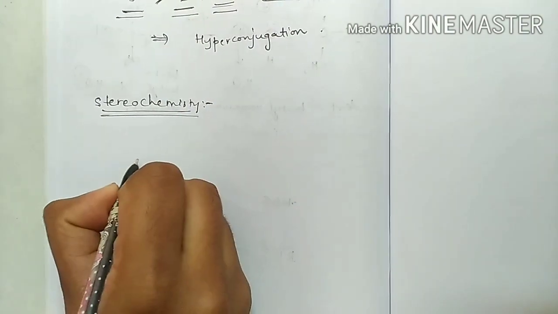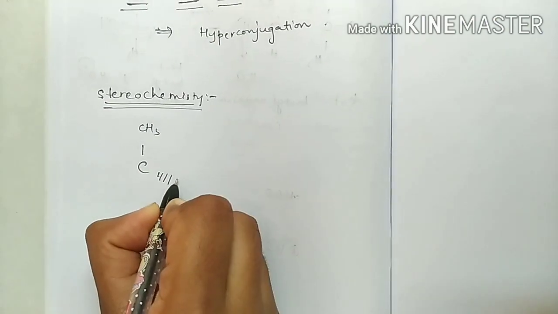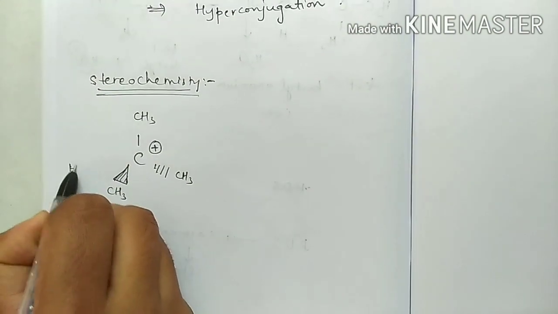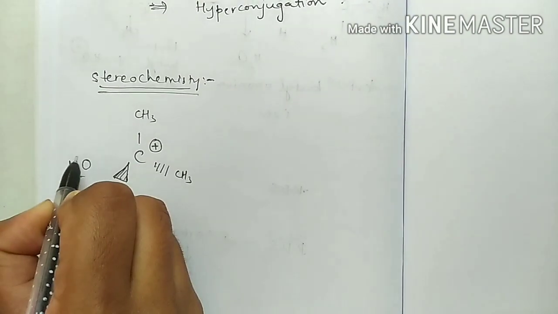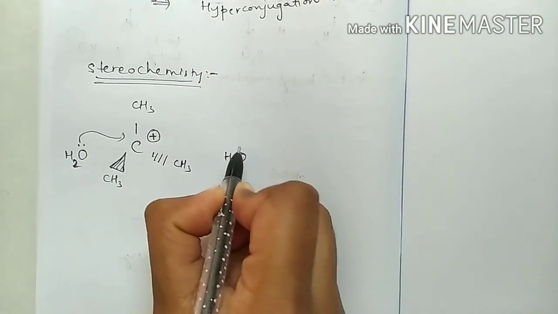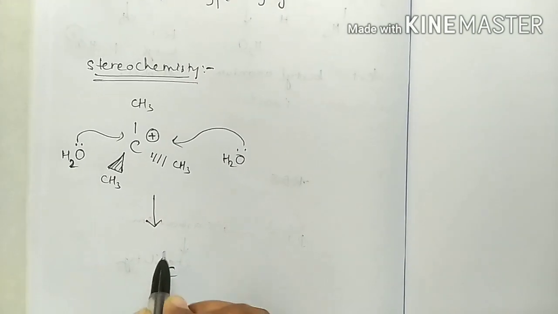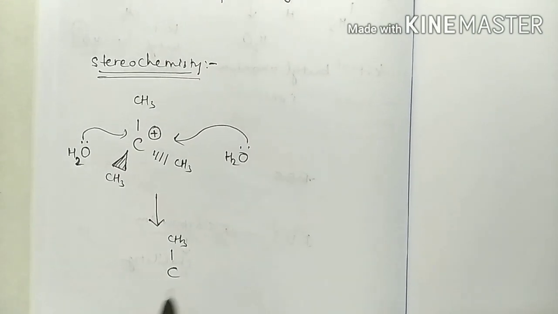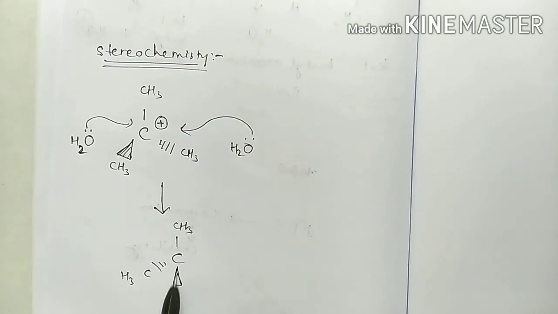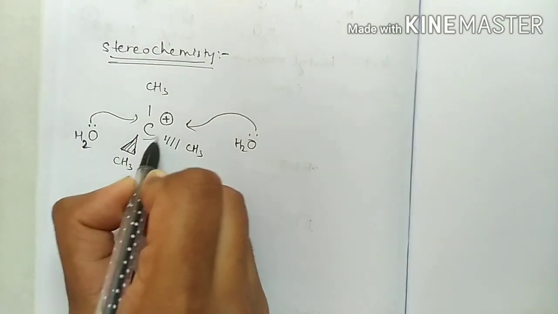Let us take the example once again. This is the tertiary butyl cation. Now, the water molecule can attack either from this side or from this side. In both cases, the product will be the same, because this is not a chiral center.